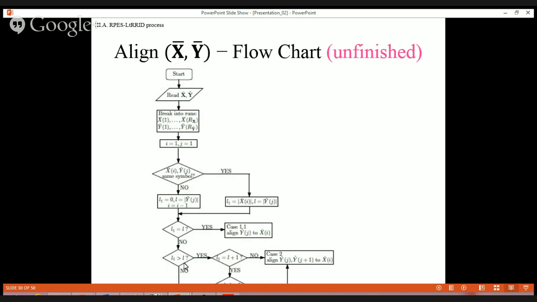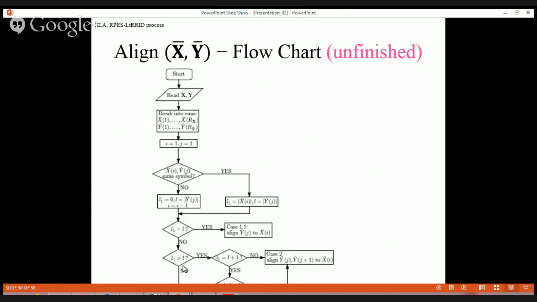If L1 is greater than L, we further check whether L1 equals L plus 1. If it's not the case, then we know it's case 2. And we can align the Y run and the next Y run to this X run because it's a single insertion of a different symbol in the X run, which breaks it into 2 Y runs.